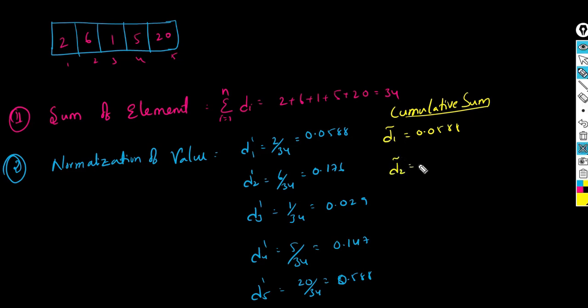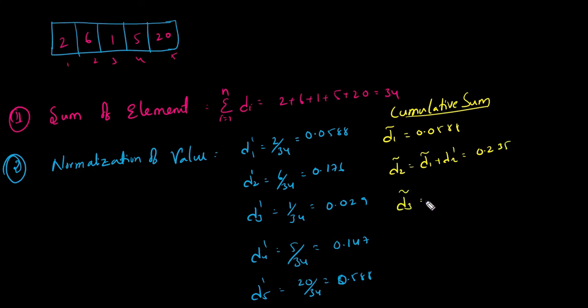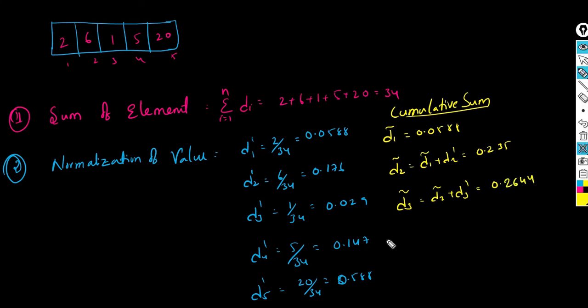And d2 bar equals d1 bar plus d2 dash, which is 0.235. d3 bar equals d2 bar plus d3 dash, which is 0.264. d4 bar equals d3 bar plus d4 dash, which is 0.411. d5 bar equals d4 bar plus d5 dash, and we get the value 1.